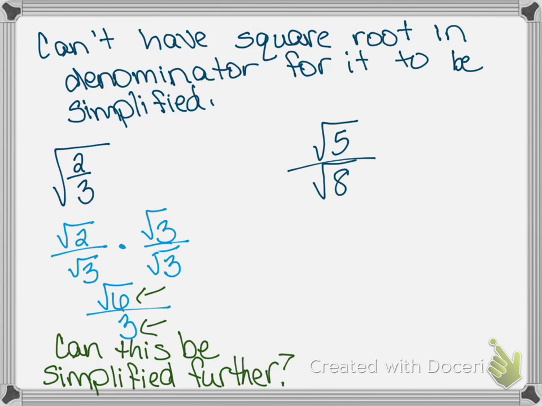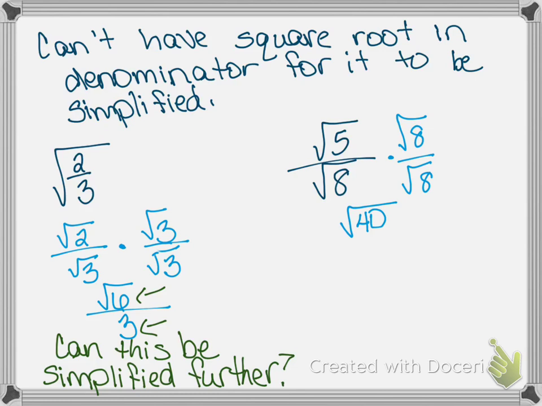Okay? So let's look at the next one. What am I going to multiply the top and the bottom by here? Square root of 8. So the square root of 8 over the square root of 8. Okay? The square root of 5 times the square root of 8 is the square root of 40.